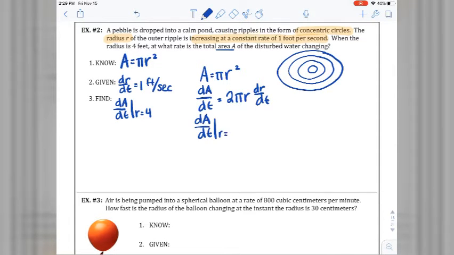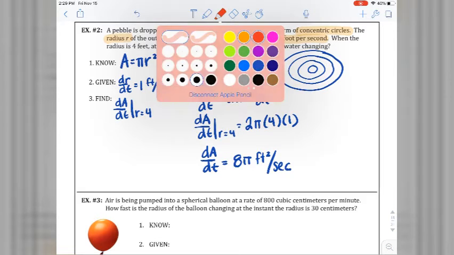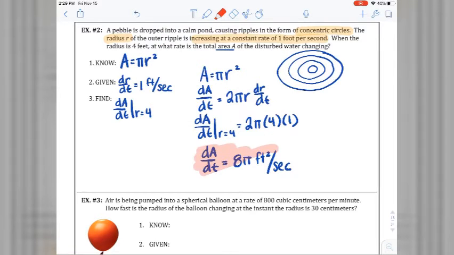When r equals 4, I have 2 pi times 4 times dr/dt, which is 1. So dA/dt is 8 pi, and that's a rate: the rate that the area is changing. The area would be in feet squared per second. So the area of the ripples is changing by 8 pi feet squared per second.